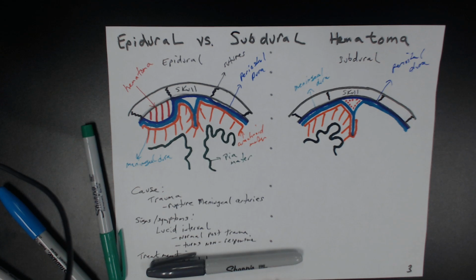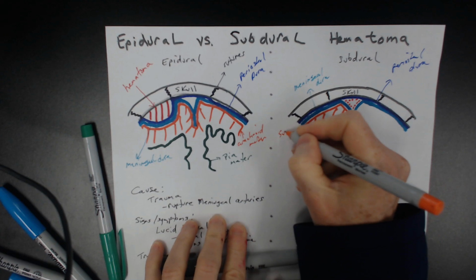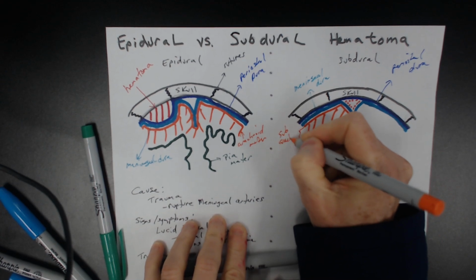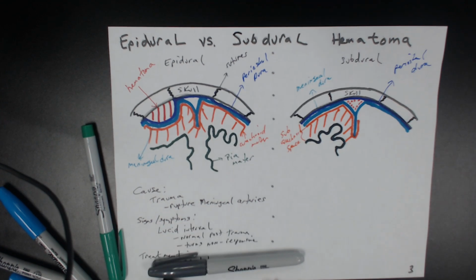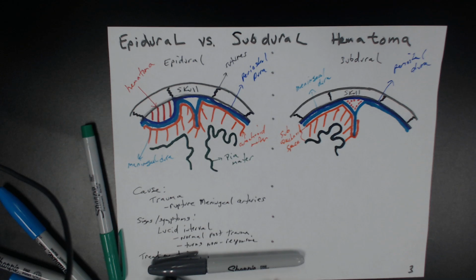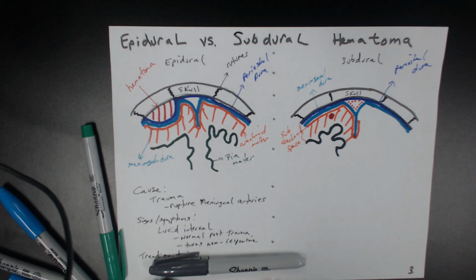And I also talked about in this subarachnoid space, which is here, you have the presence of cerebral arteries and cerebral veins.